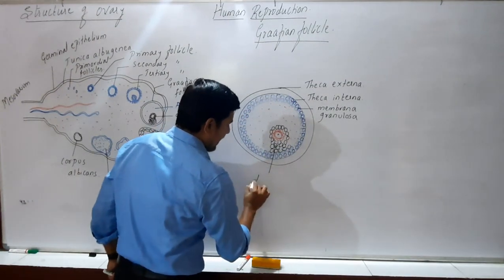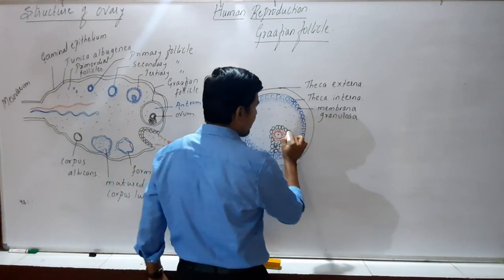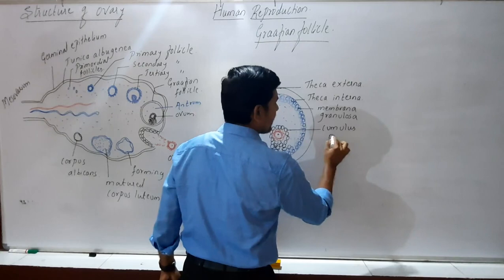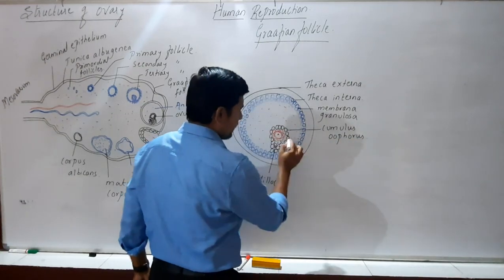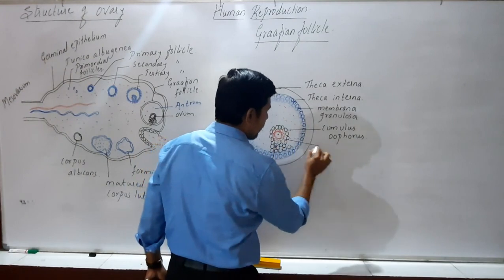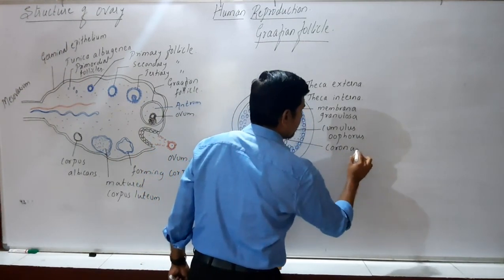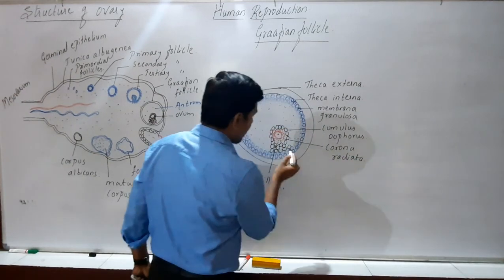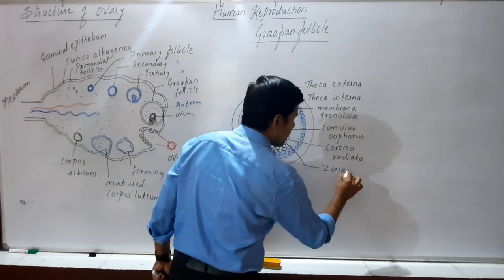This is also called a hillock, which is surrounded by certain cells called cumulus oophorus cells. Then the outer layer cells are called the corona radiata. Below this we have the zona pellucida.